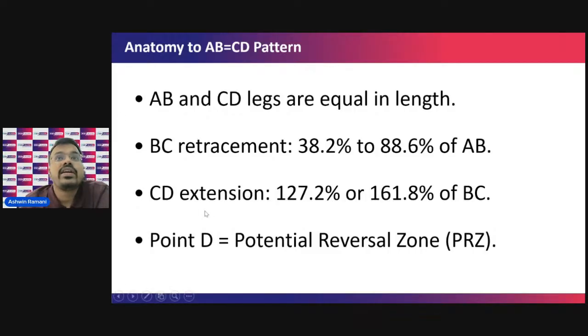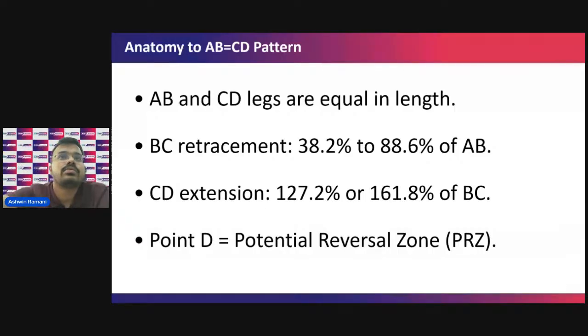Then we also saw what Fibonacci extensions are. If you remember, retracement is used to find support and resistance, whereas extensions are used to project future price targets. We also saw the concept of reciprocal. If you remember, for a number, 1 divided by that number gives you its reciprocal. So if your Fibonacci retracement is 61.8, that is 0.618. If you do 1 divided by 0.618 to find its reciprocal, you will get 1.618.